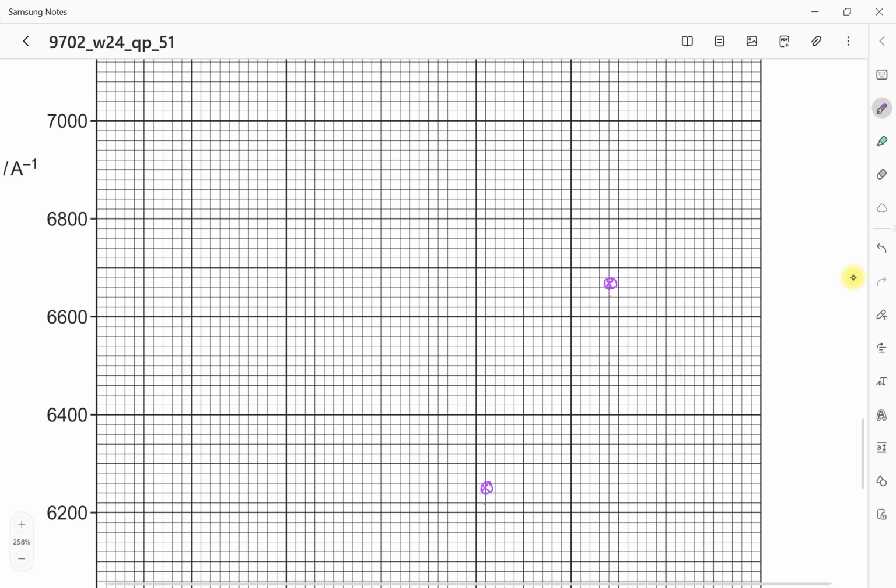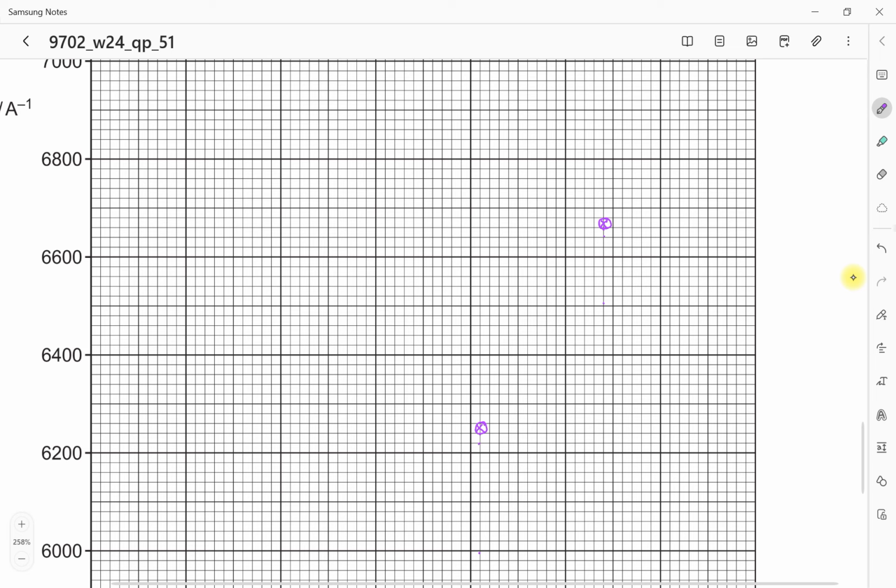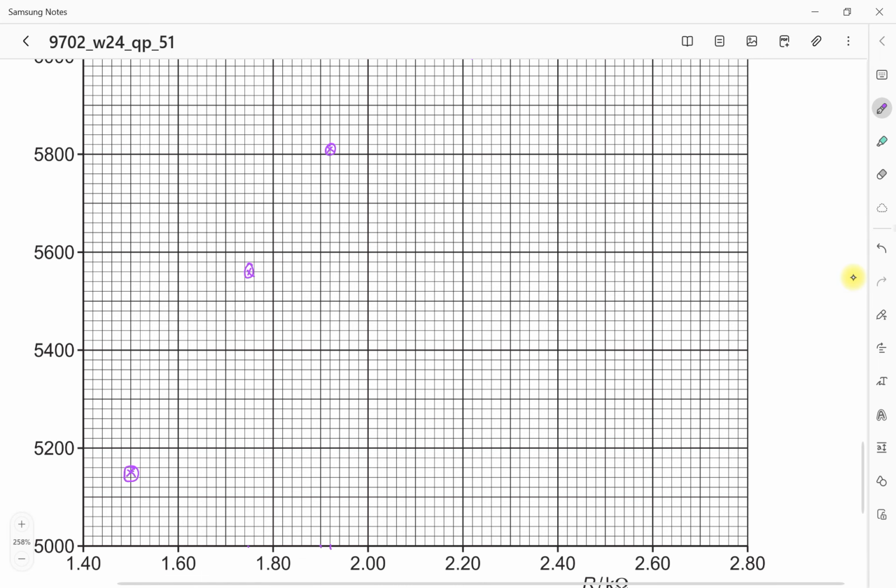Okay. Then the last one is 2.72. So 2.7 is here, 72 add one box.